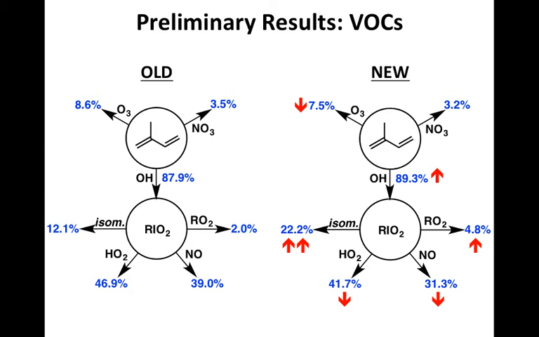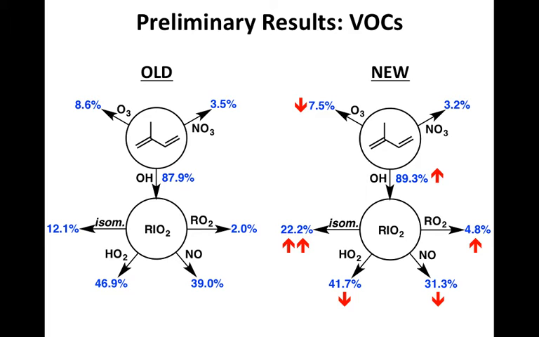Our new mechanism doesn't cause many changes in the initial oxidation pathways of isoprene in terms of ozone versus NO3 versus OH chemistry, but we do see a significant increase in the fraction of those peroxy radicals, RO2s, RiO2s in our mechanism, that isomerize at the expense of reaction with HO2 and NO. And that's important because the isomerization channel, which Paul was talking about, forms those hydroperoxyaldehydes and other subsequent products that we don't really know yet, but we do know that it's pretty efficient at oxidant recycling, and so this has big implications for OH concentrations in remote areas where that chemistry happens.